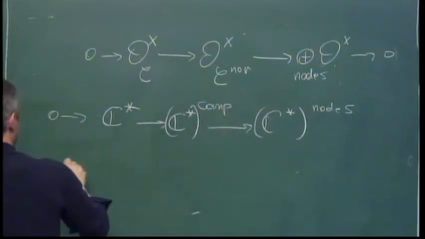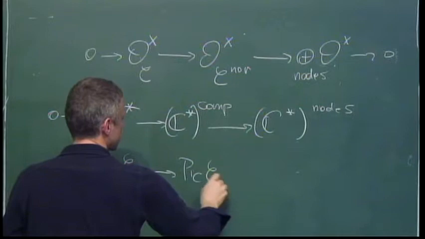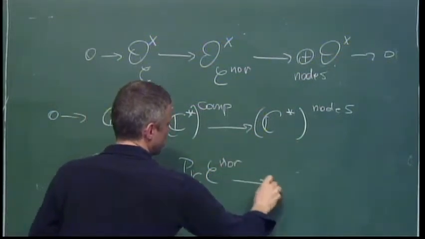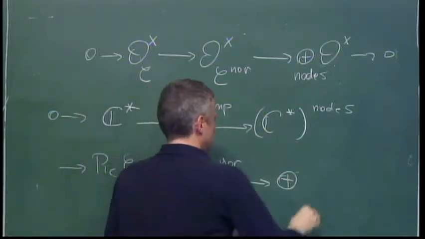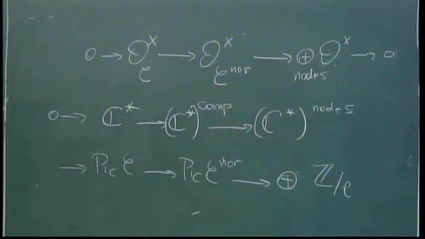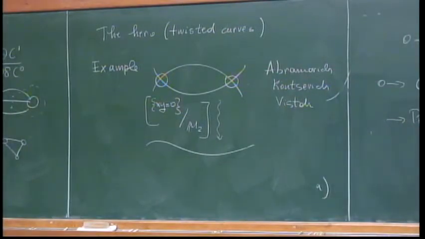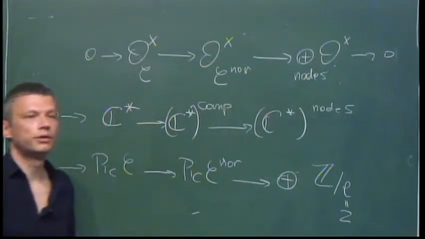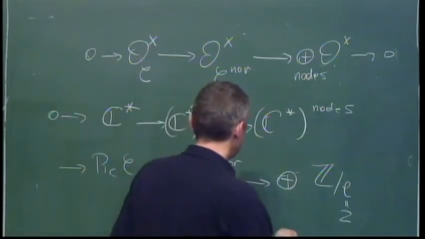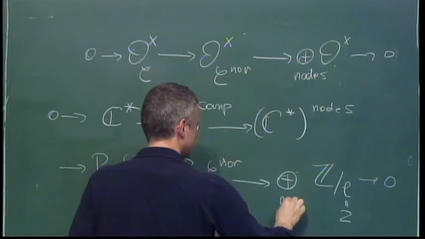Irreducible components, nodes, Pic of C. Here comes a little piece of news. I decided to put the same order of stabilizer everywhere. Here it was 2. In general, I can put L. Okay? Of course, it's not compulsory, and maybe my theorem should be stated more generally.